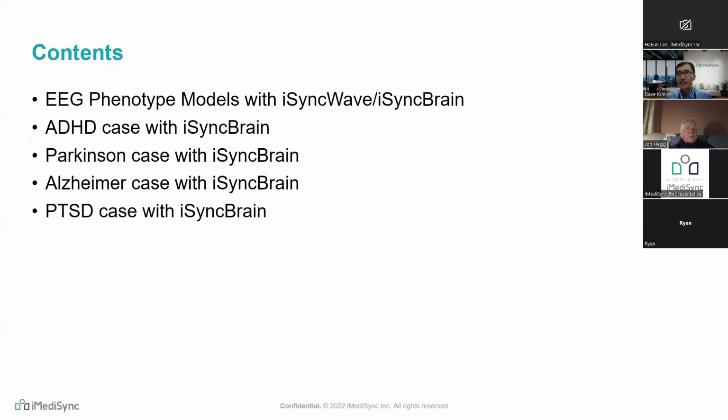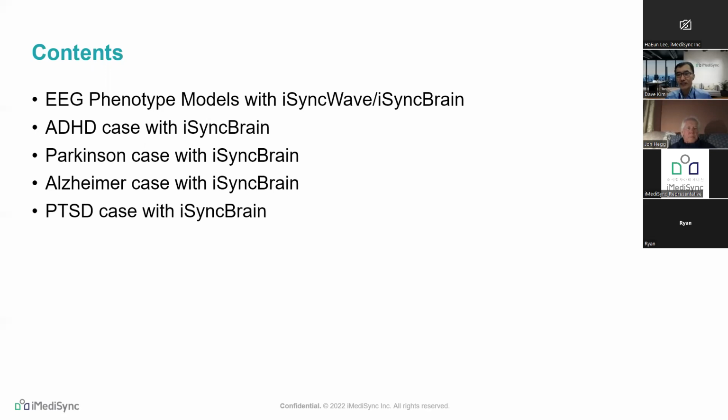Today, I'd like to introduce a concept of EEG phenotype model, which helps us understand the EEG landscape more systematically. Then I'd like to start a review of case series where we can find the usefulness of QEEG for understanding a specific patient and designing a personalized intervention.